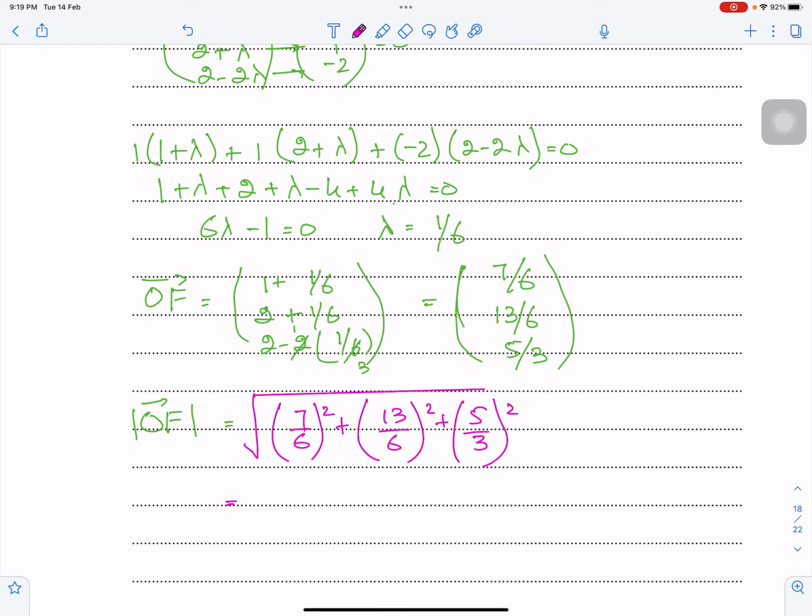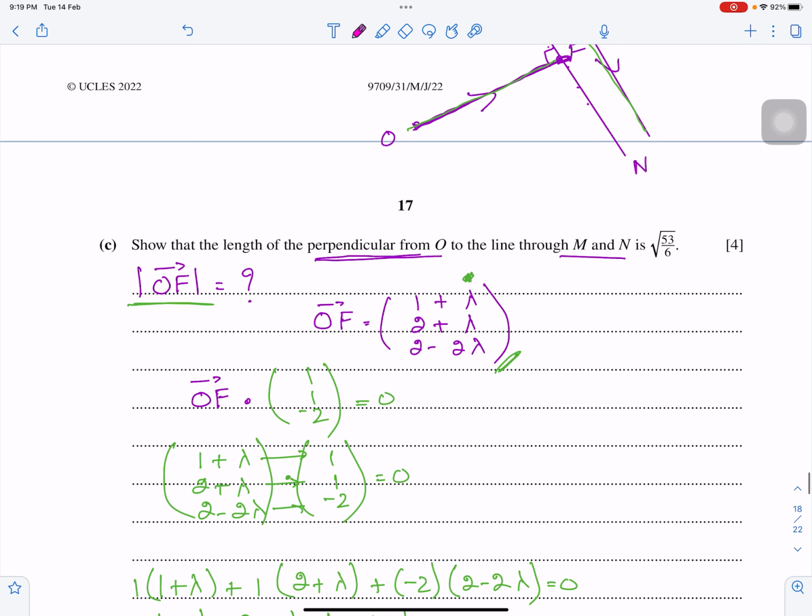I got the answer here, 318 over 36, which equals 53 upon 6 in root. And it is proved. This is what you had to prove: that the shortest distance from the point O to the line MN is root of 53 upon 6.